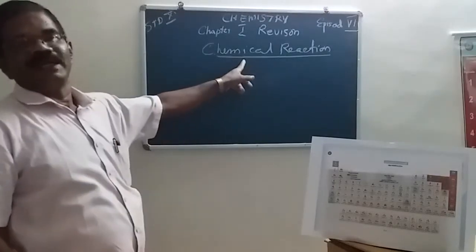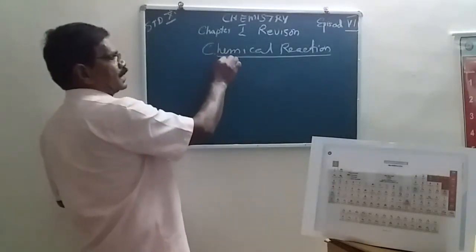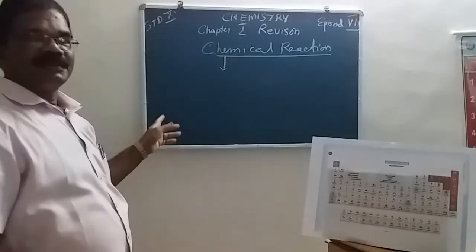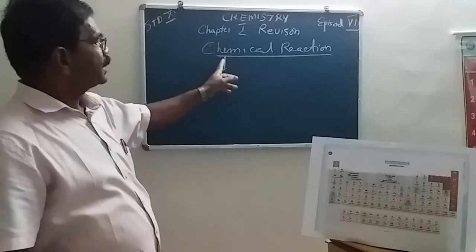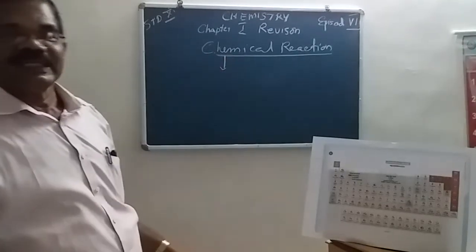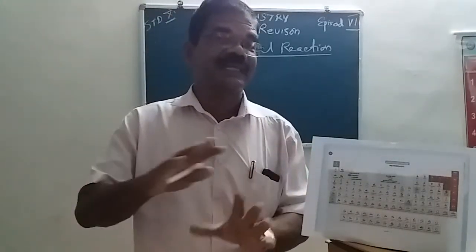These all lead to a chemical reaction. What is a chemical reaction? In a chemical reaction, the reactants react to give products. What are the changes that occur in a chemical reaction?